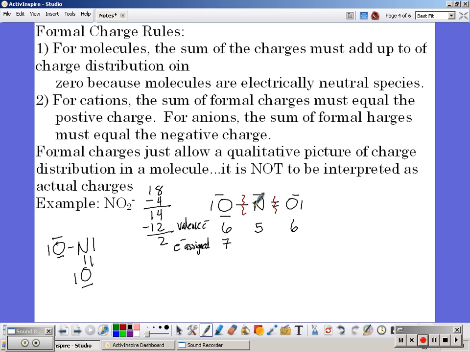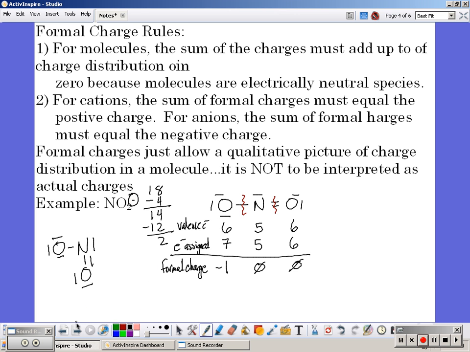And this oxygen over here has 2, 4, 5, 6. So we have 0, 0, and a -1. Notice when we add up the formal charges this time, it actually equals the charge on the anion.